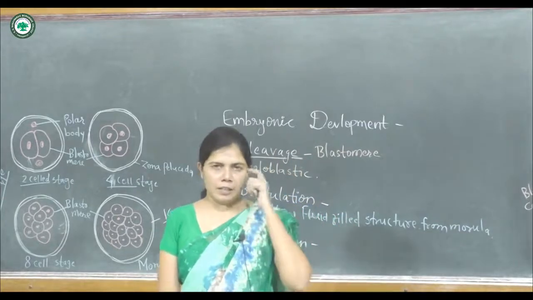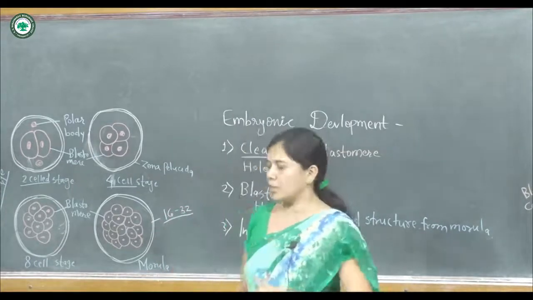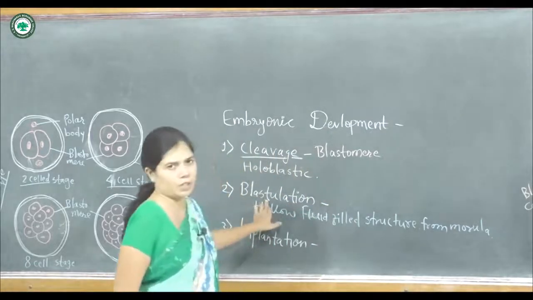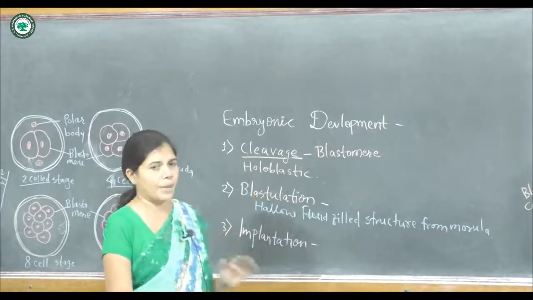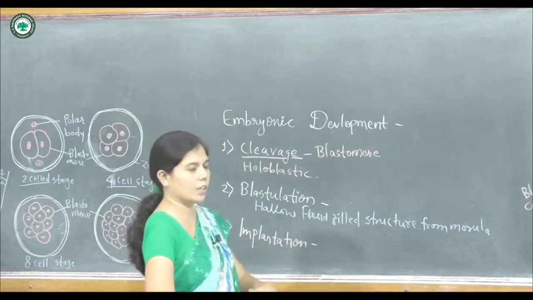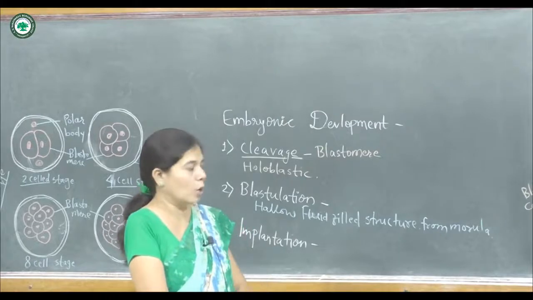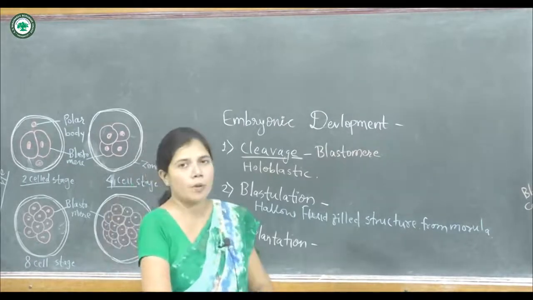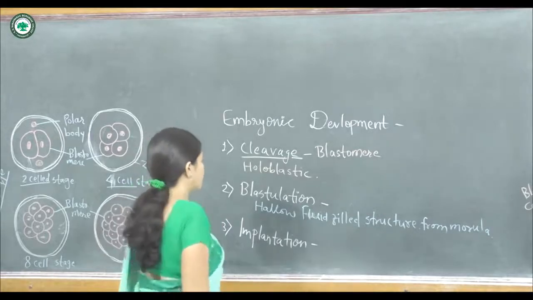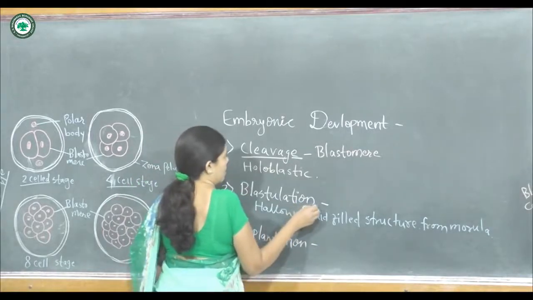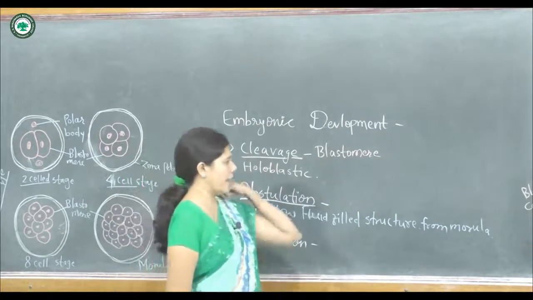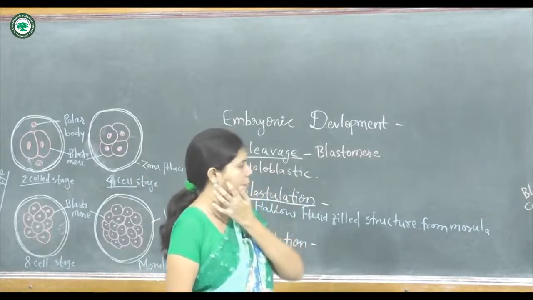Then the second stage of embryonic development is blastulation, meaning the formation of a hollow, fluid-filled structure from the morula, which is known as the blastula. The process is known as blastulation, and the blastula is also known as the blastocyst.